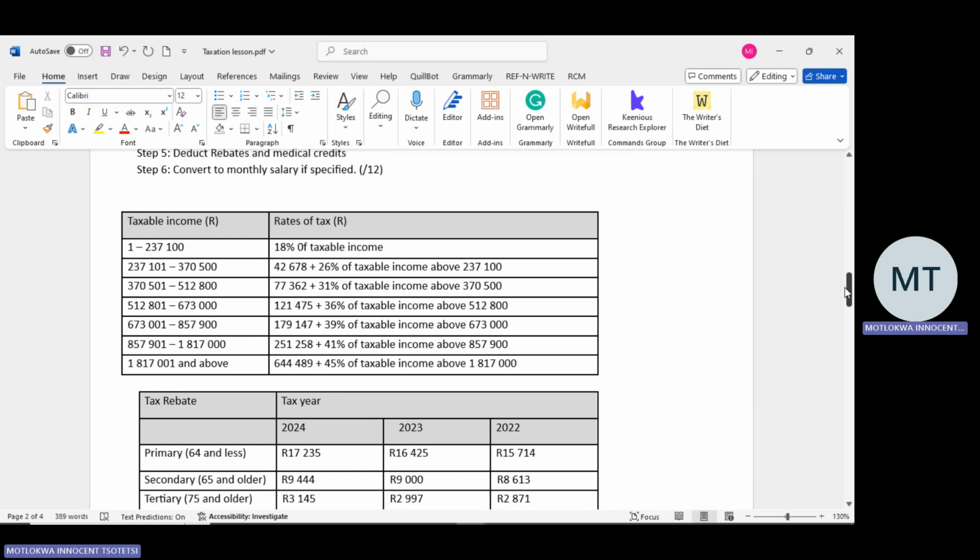We have 1 to 237,100, which is tax bracket number 1.